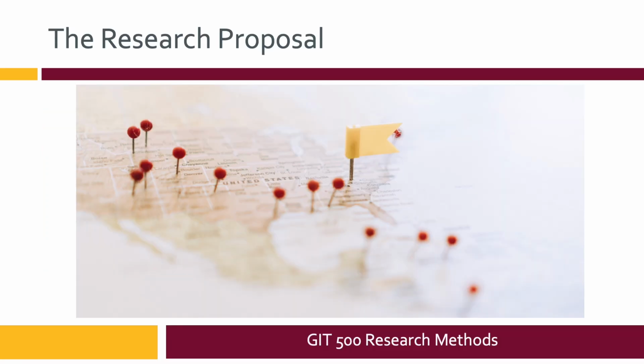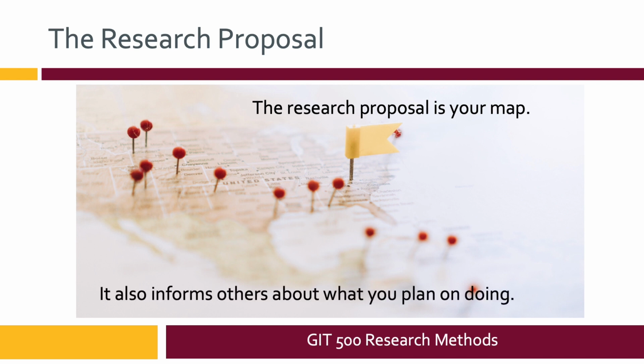The research proposal is very important. It does a couple of things for you. If you remember that it is your map, it will help you from getting off track and going out into the weeds. It will help you remember what your intentions are, what you planned on doing, and what it is that you want to find out.